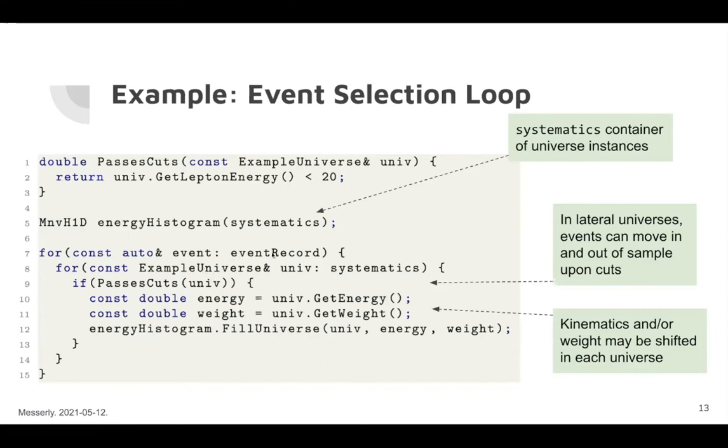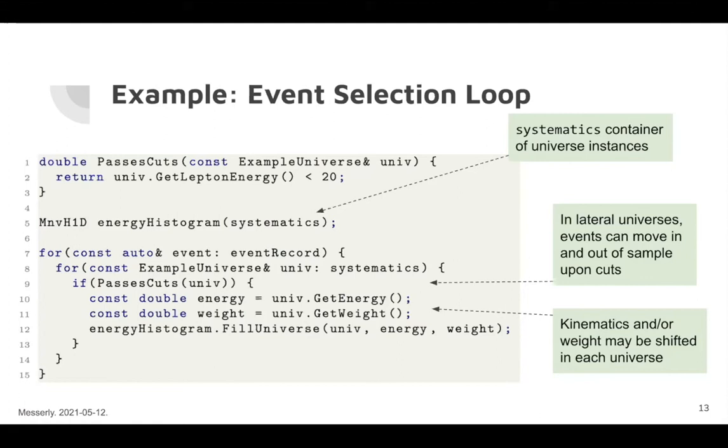There's a line that will go right here in between 8 and 9 that says universe set event, basically. Okay, so that's where you tie the event. Yeah, that's a great observation. It's really a universe event pair that needs to be fed into the passes cuts function. The universe holds on to which event it's looking at, and it updates it on each event. That's right.